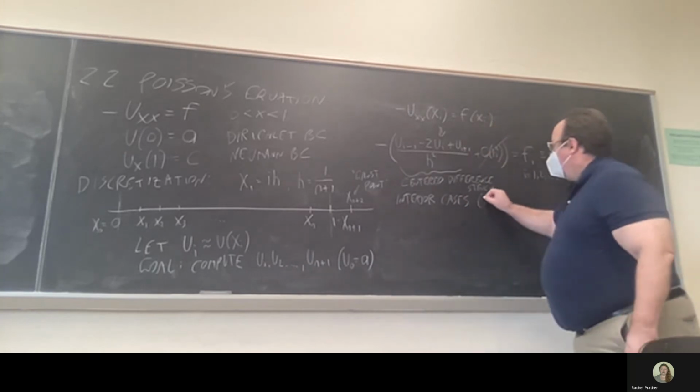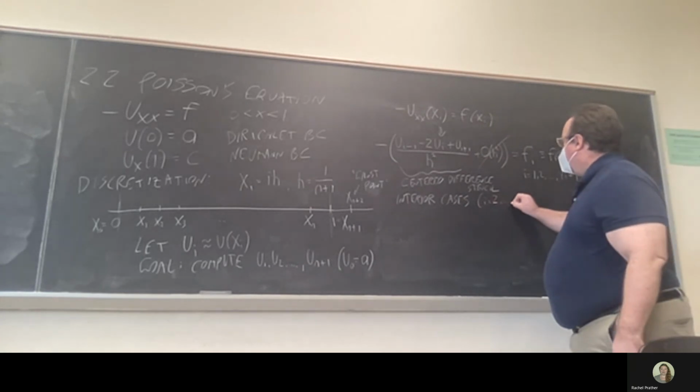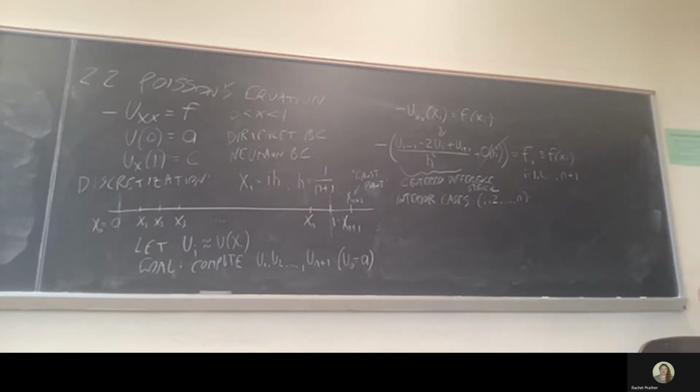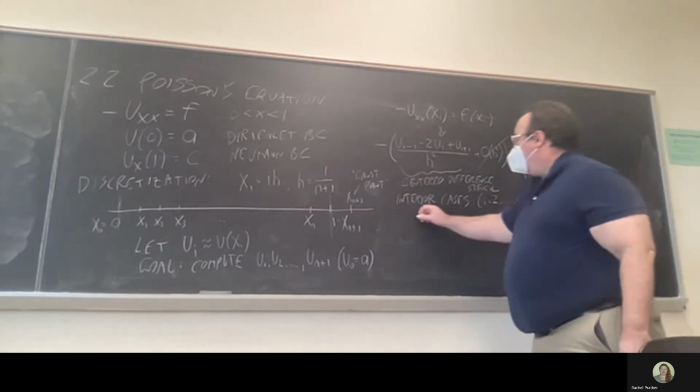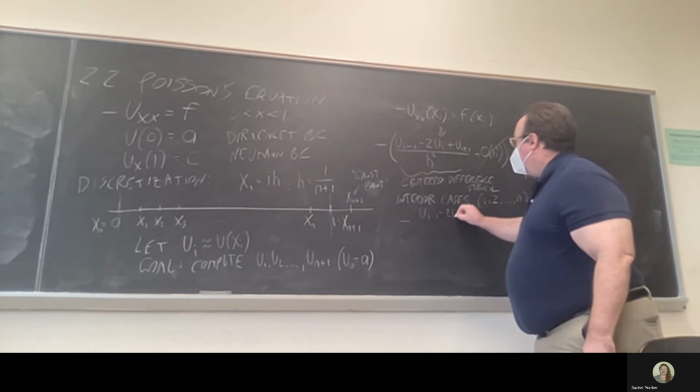Interior cases that do not deal with a boundary in any way. So i equals 2 up to n. These are the easy ones. In that case, I would just have exactly what I've written here.